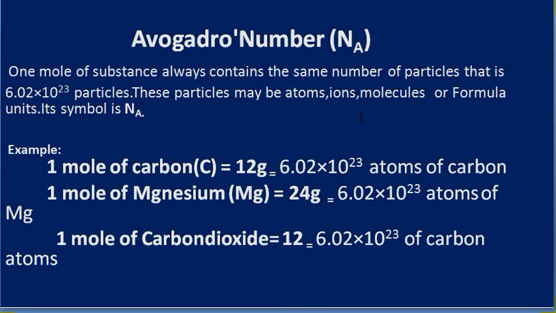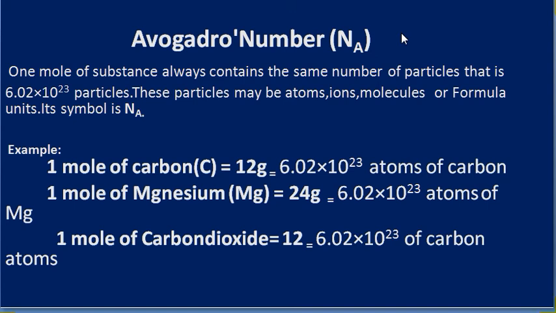Now next is Avogadro number. Its symbol is capital N and a subscript capital A, and in this way we write it. Okay students. So what is Avogadro? 1 mole of a substance always contains the same number of particles, that is 6.02 into 10 to the power 23 particles.